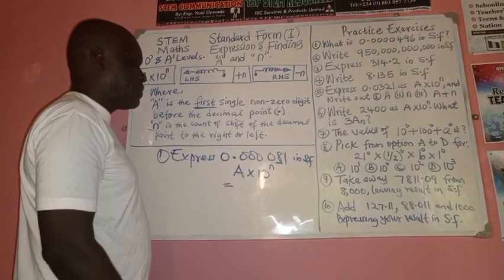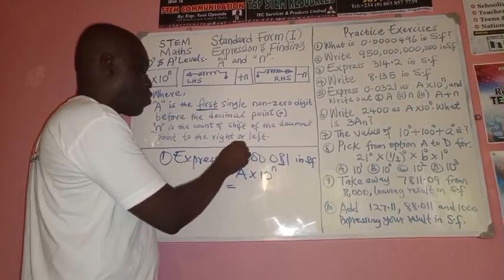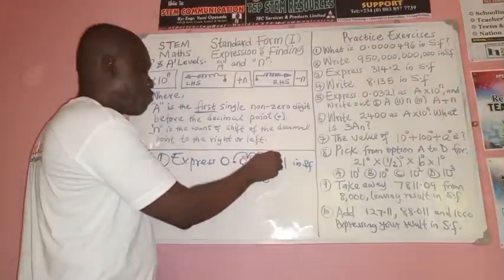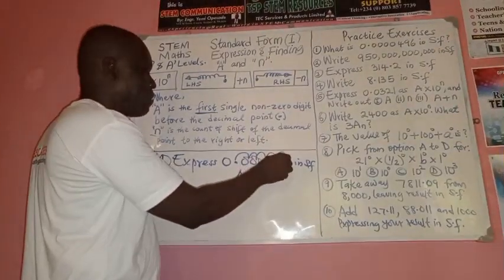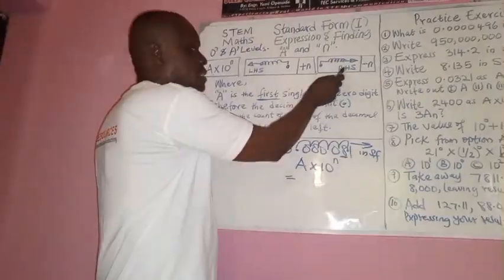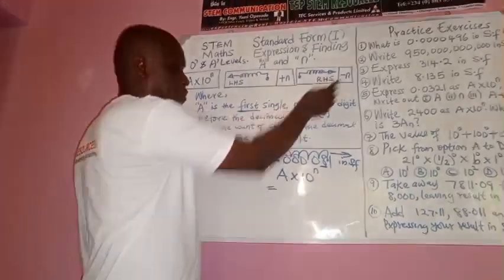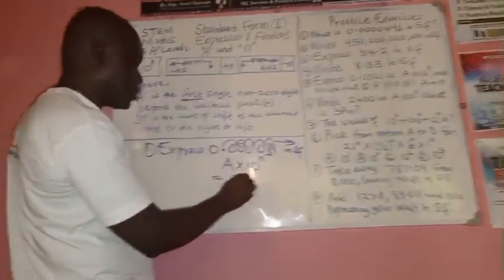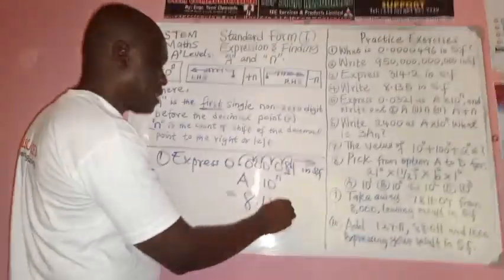So let's see the shifting. Can we go? Yes. 1, 2, 3, 4, 5. The point will come here. I'm going towards this direction, to the right. To the right means the power n will be negative. So that is 8.1 times 10 raised to the power.